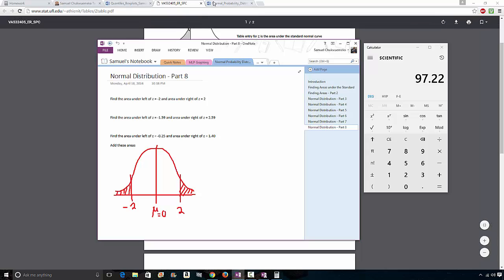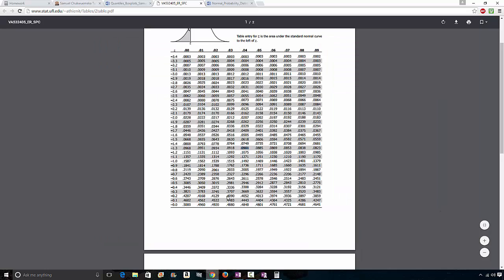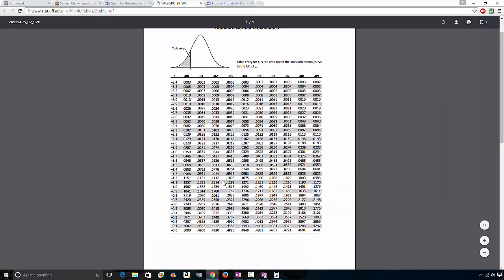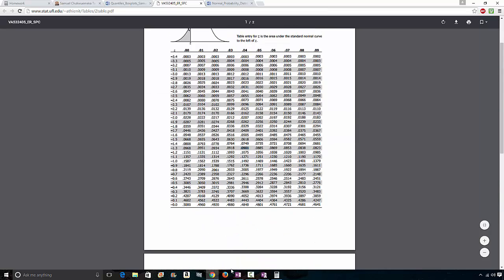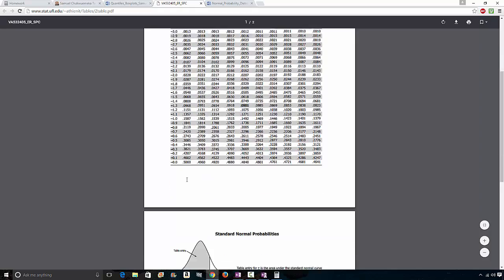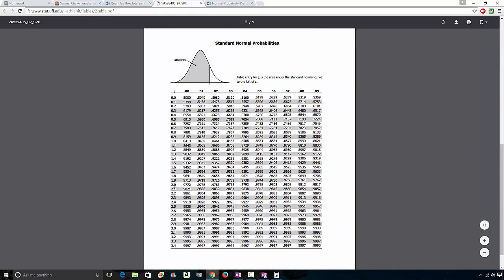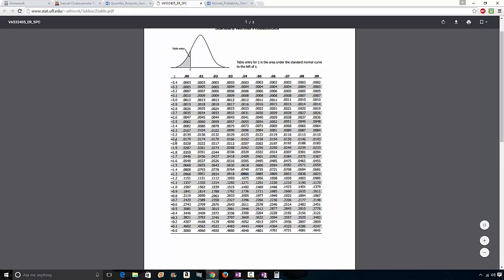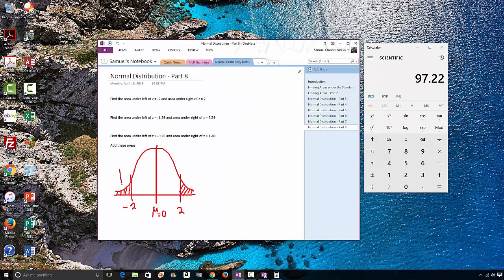We're going to use our table. -2.00, -2.0 on 0. So do you see this? So this is 0.0228. Okay, so that is what this area is.